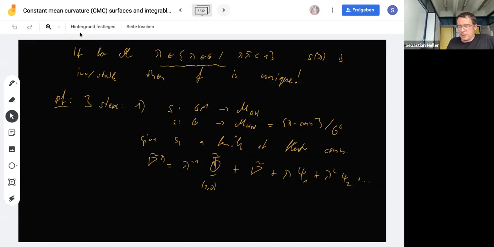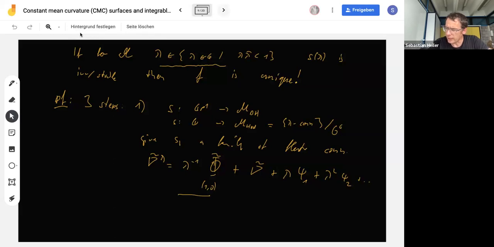So that's a huge difference now. We start with a lift which has not the form of the associated family, but we just look for some kind of lift which starts at the lambda inverse term and then has maybe infinitely many Fourier modes in terms of lambda. But I shall explain how we can find these lifts for every section in a second.